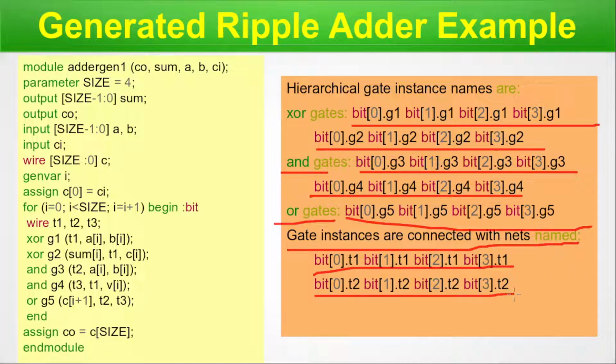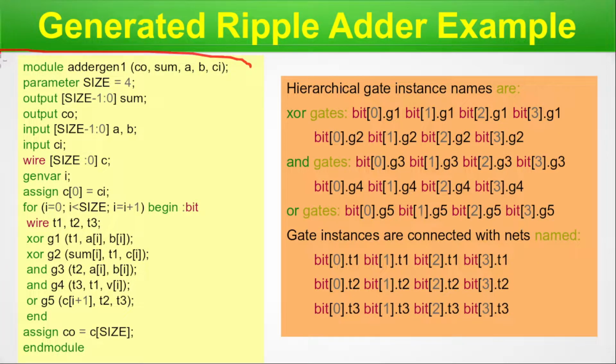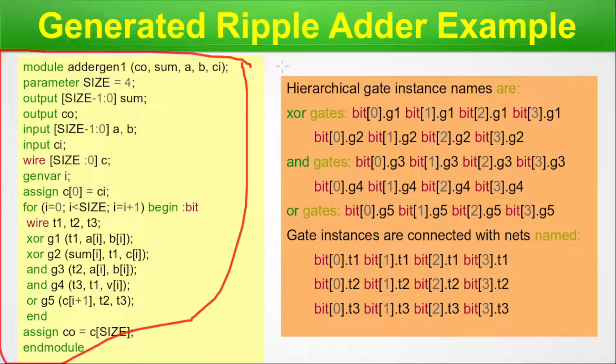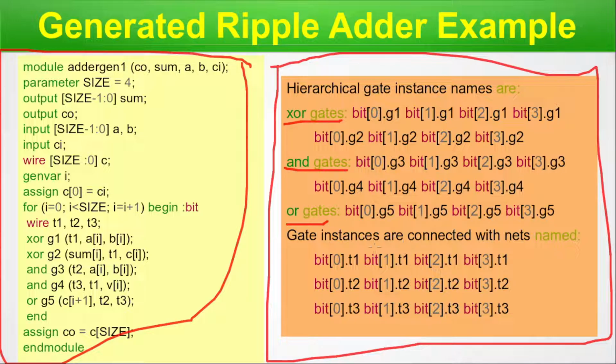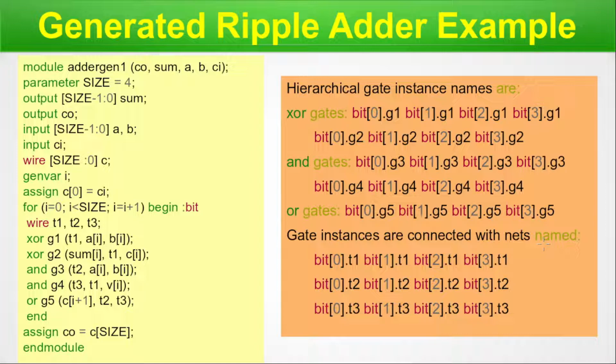And this is another hierarchical name. So here we are done with the code example, and we have seen how the elaboration helps to get the hierarchical instances of the gates as well as the nets. So this way the generate block gives birth to the hierarchies during the elaboration. We are done with this particular slide. Let's move on to the next slide.